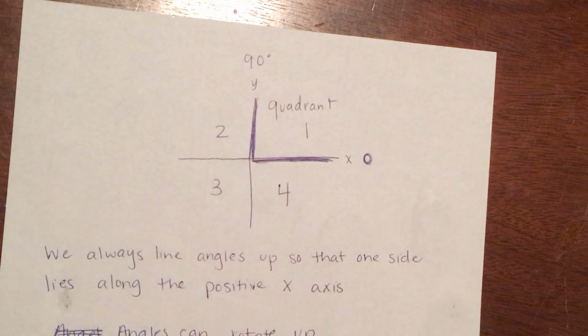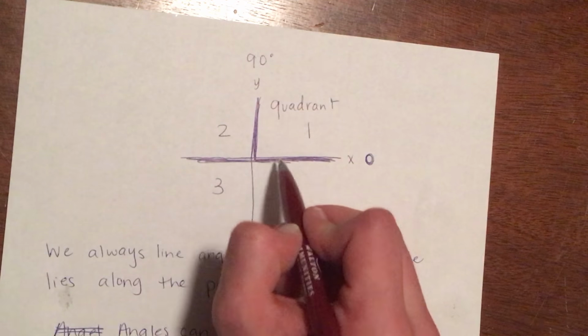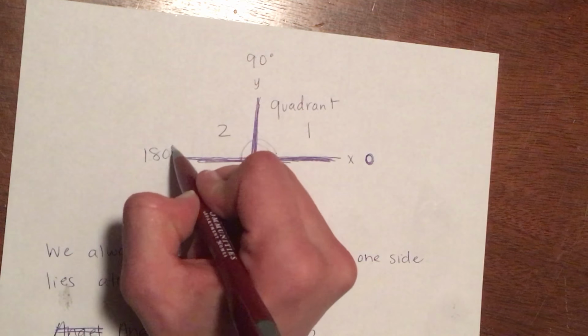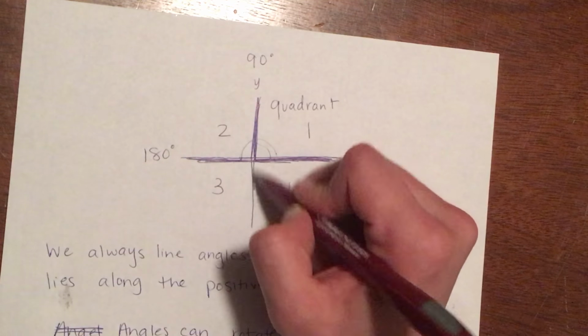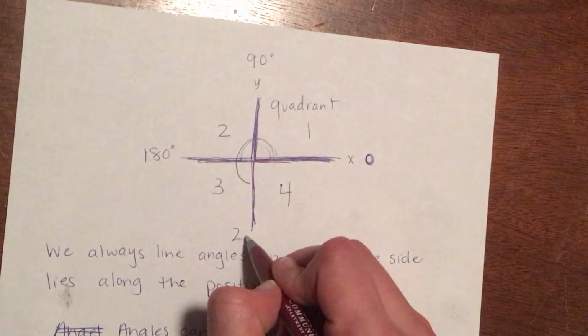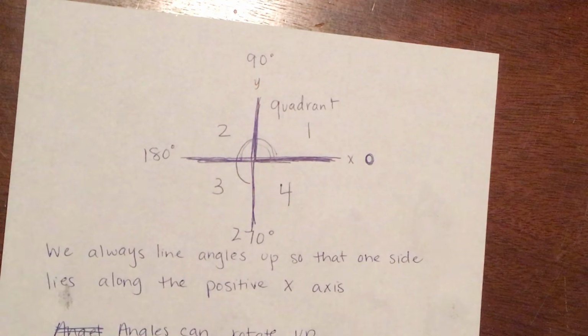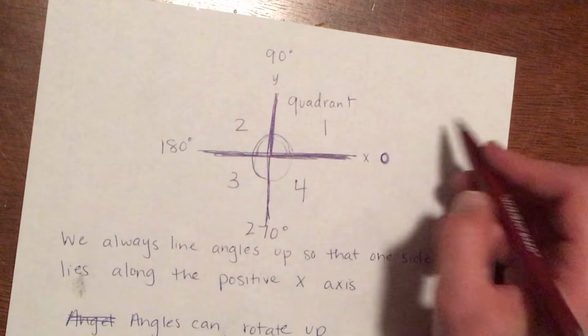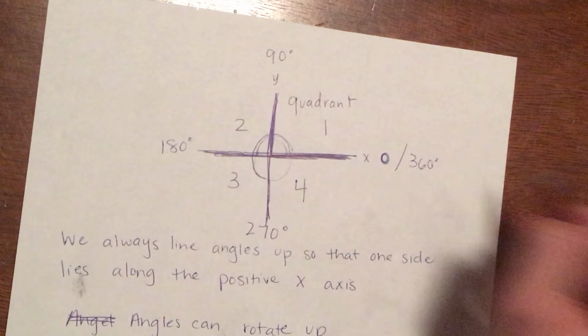If I keep rotating around and have a completely flat line, that's 180. If I keep rotating and open all the way down, that's 270. And if I rotate all the way around and end up back where I started, that's 360.